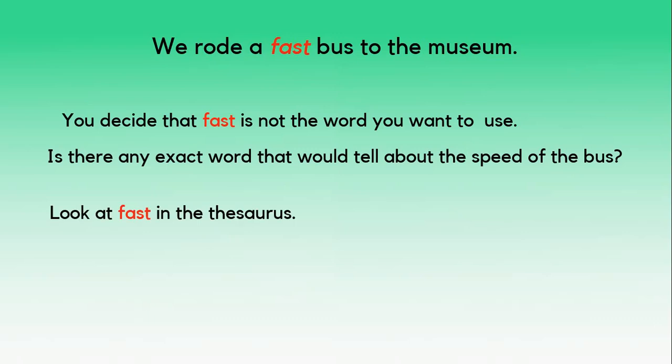Okay, first of all, we will look at the word fast in the Thesaurus. Well, I am aware that the Thesaurus book is not with you now, but I will show you the view from the Thesaurus here. So if we are looking for this word, fast, it will show you the part of speech of this word.